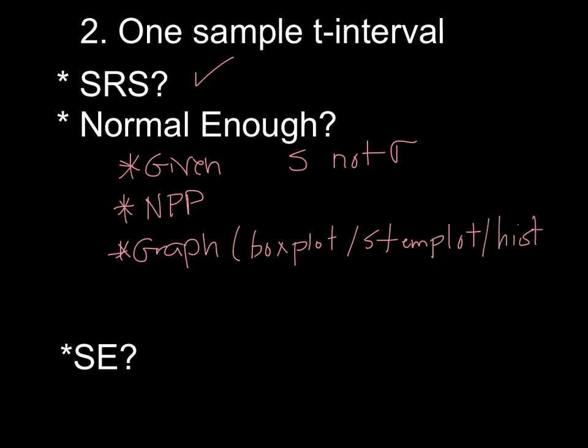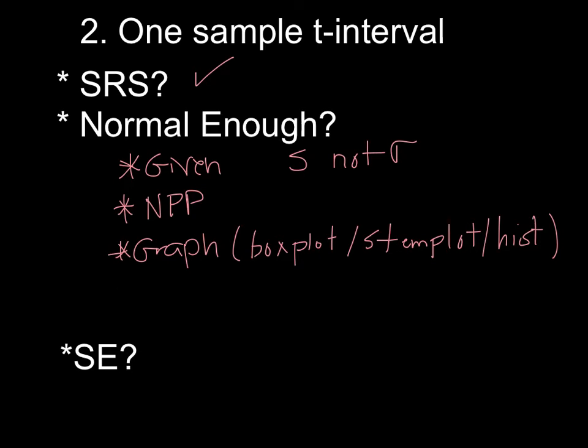Again, we want to make sure that things are not overly skewed. So although we might not be able to confirm that it's normal, is it normal enough? Is it single peaked with a single mode in the middle, and you don't have to verify that it matches any type of 68, 95, 99.7, just that it's normal enough to use the t-distribution.